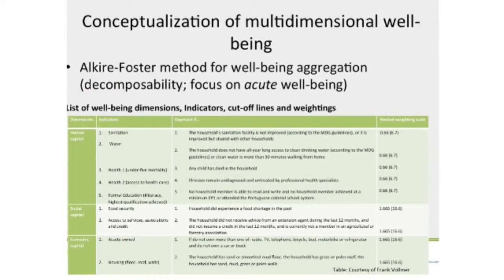For this, we have conceptualized and constructed a multidimensional well-being indicator based on the Alkire-Foster method for well-being aggregation. I see that you cannot read it, so, it mainly has three different dimensions: human, social, and economic, and different indicators for each of them. We measure each indicator for each household, which is the unit of analysis. Then we aggregate this to a final indicator for a family, whether it is poor or non-poor.